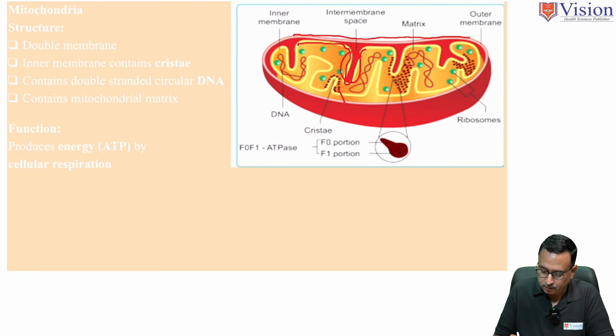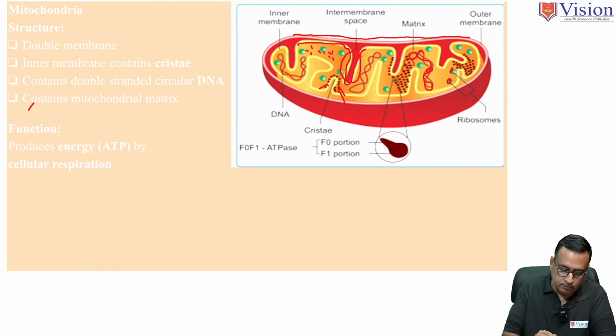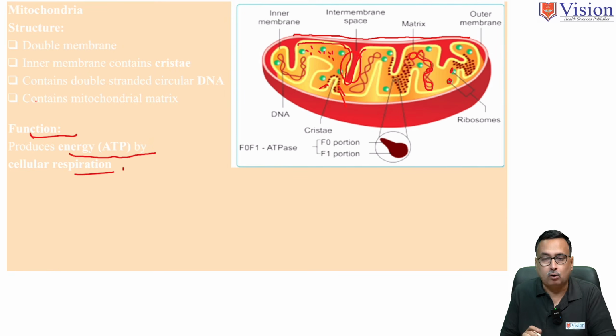It bears these elementary particles, and elementary particles contain enzymes for the electron transport chain, and it has a double-stranded and circular DNA. This is the mitochondrial matrix, and these are the ribosomes which are present in the mitochondrial matrix. So this highlights the structure, and the function is the same as I said: it is a source of energy for all body functions.